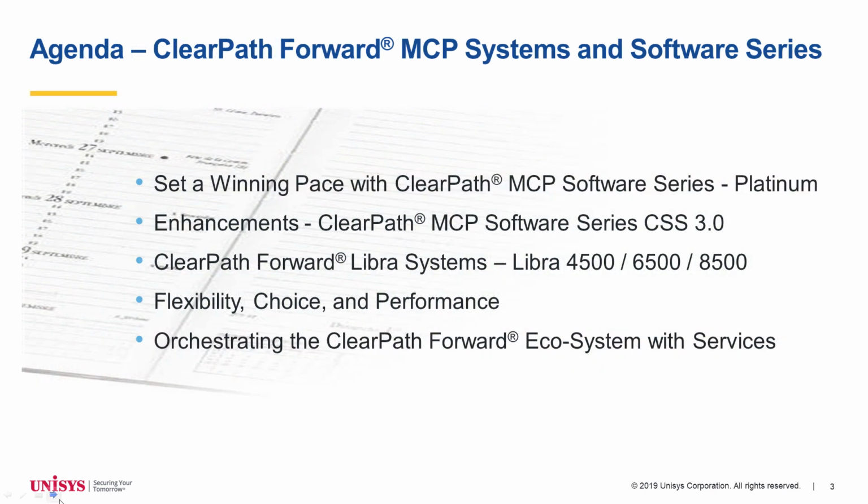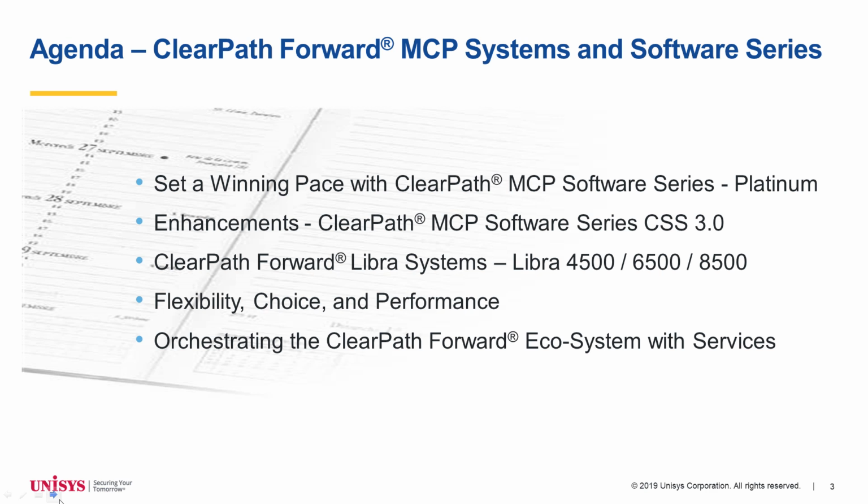Today's agenda, the first thing we'll talk about is our Platinum product, the ClearPath MCP Software Series Platinum. We'll then talk about the enhancements that we've made for CSS 3.0 that affect all of the Software Series product line for MCP. And then I'd like to go over some of the enhancements that we made to our Libra systems earlier this year.